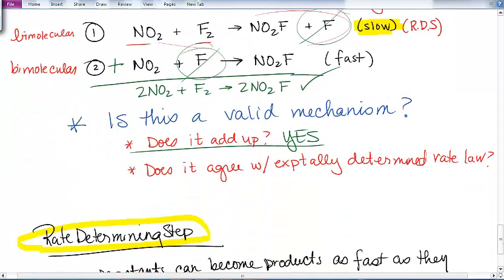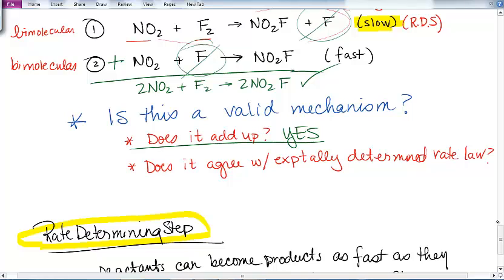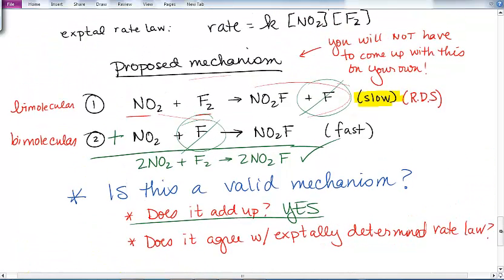All right. So back to, does it agree with the experimentally determined rate law? Well, that whole sentence about I can write the rate law from the rate determining step, which is this one, means rate equals, okay, I'm writing the rate law directly from the rate determining step.